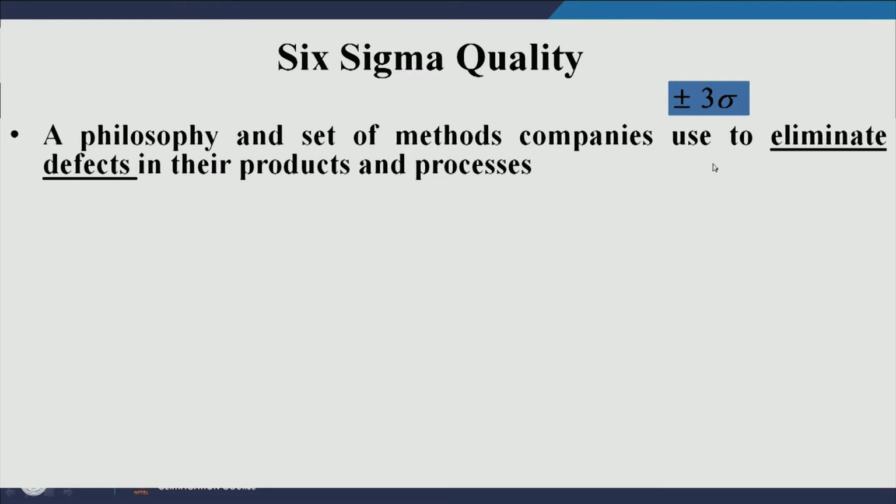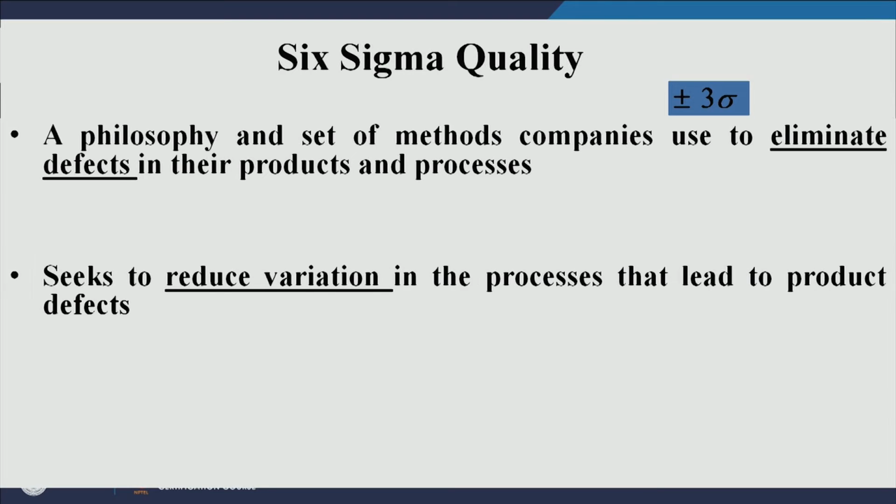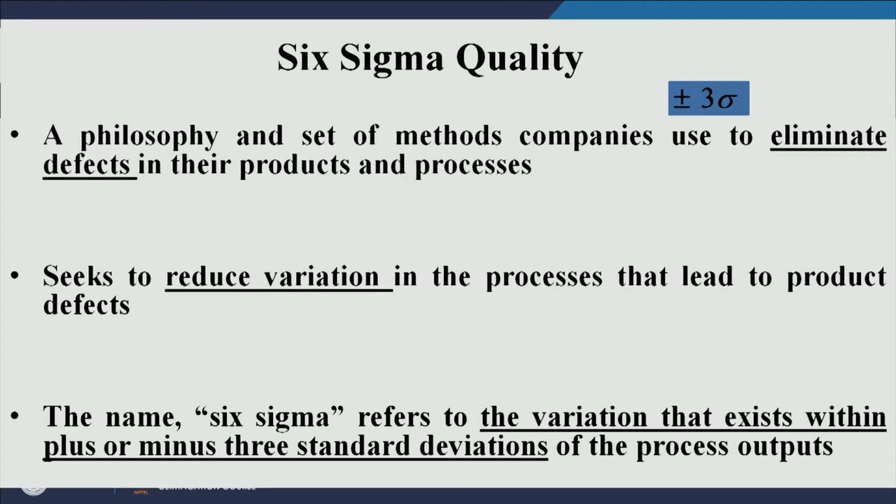These methods can be used by a company to eliminate defects in the product or in the process. Of course, the objective is to reduce variability. The name 6 sigma refers to the variation that exists within plus minus 3 sigma, where this standard deviation is sigma, of the process output.